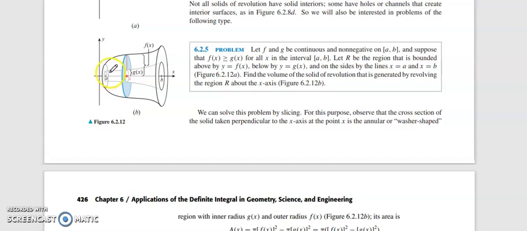Similarly, if you want to find the volume of the hollow portion, we need the volume of the solid between f and g.